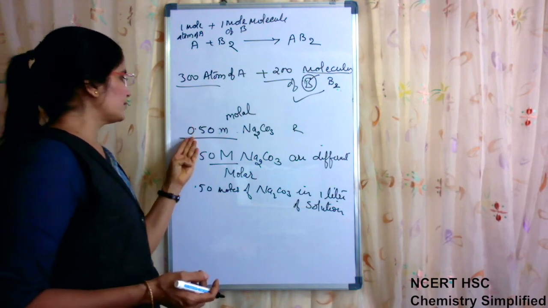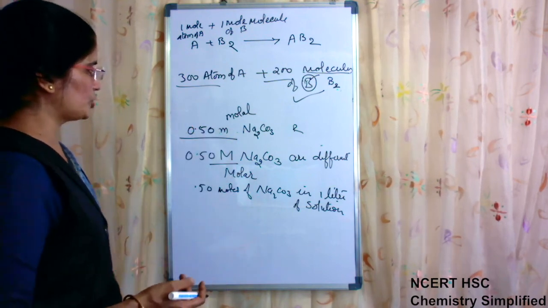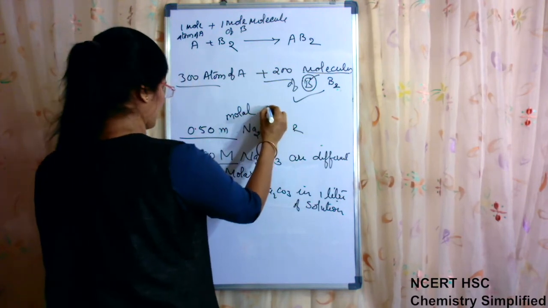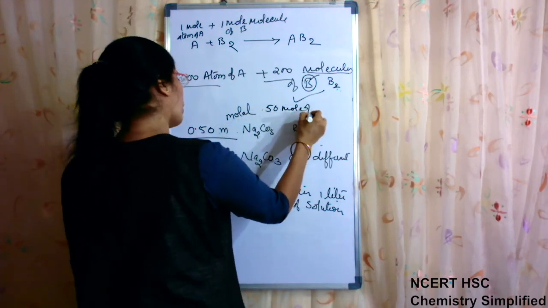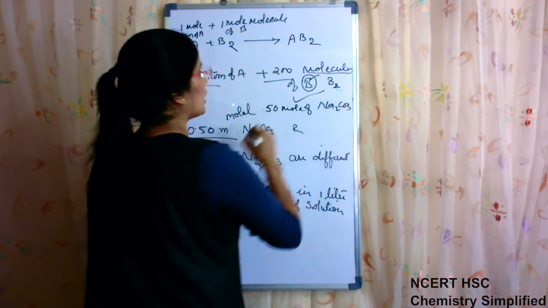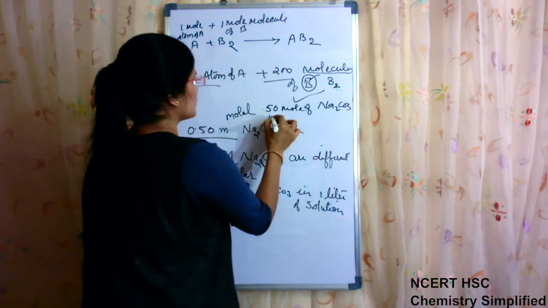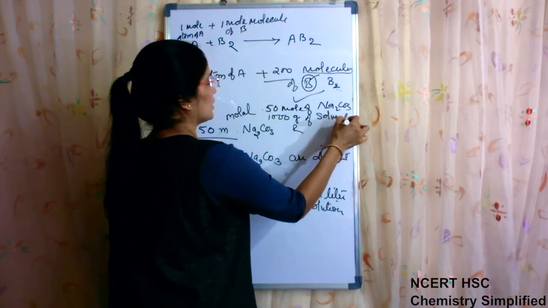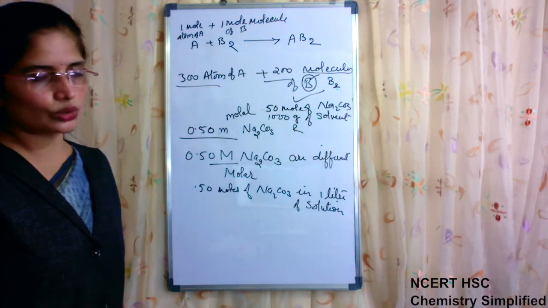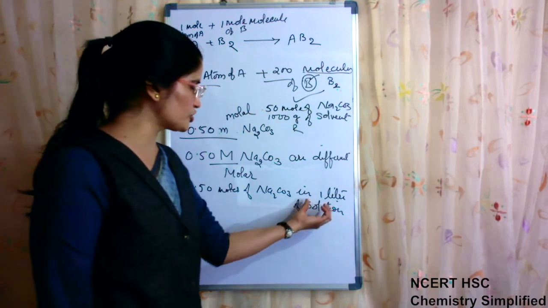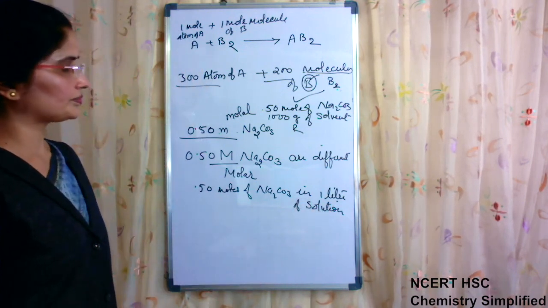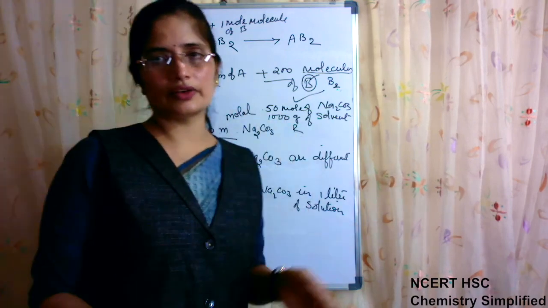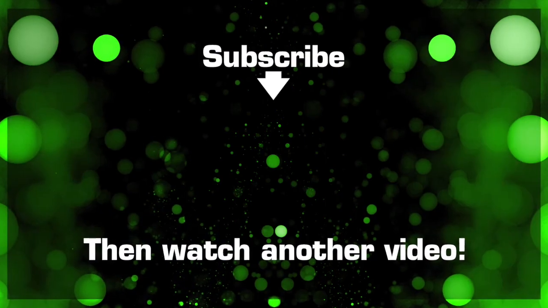In the molal case, when I am writing 0.50 molal Na2CO3, what is the meaning of it? 0.50 moles of Na2CO3 are dissolved in 1000 grams of solvent. The mass of solvent is taken into account, not the volume of solution. Okay. So these two terms will stand different. Clear?